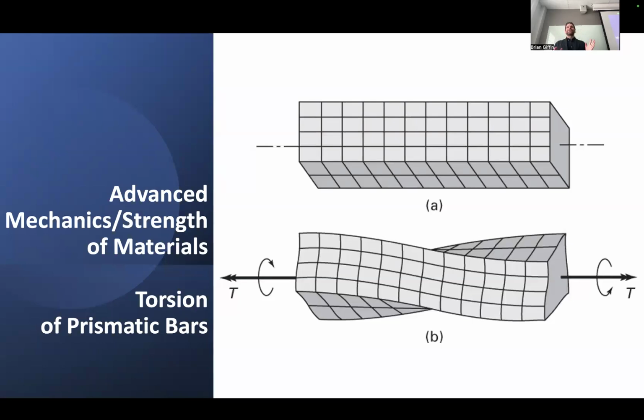So on the subject of torsion, we've talked about beam bending. We even alluded to the fact that for certain types of beam cross sections that are non-symmetric, depending on where you're actually applying the transverse loading, and depending on the type of section, you could inadvertently be cranking in some kind of internal moment.